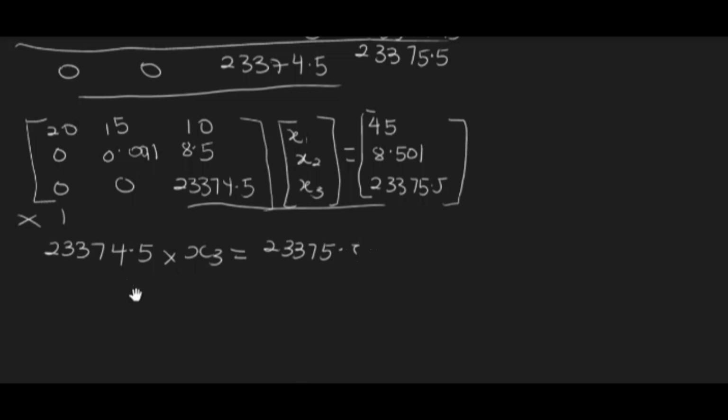So meaning that we can find x3 from this side, right? So my x3 is simply equal to this number all over this number 23374.5.